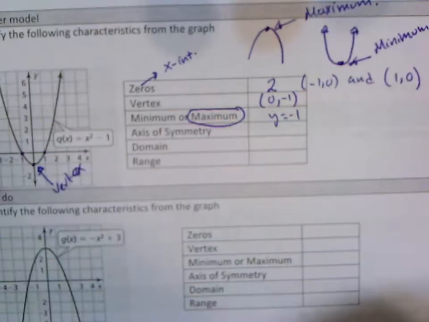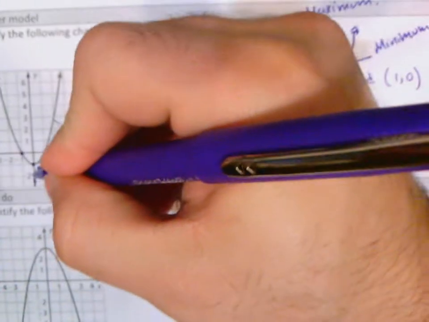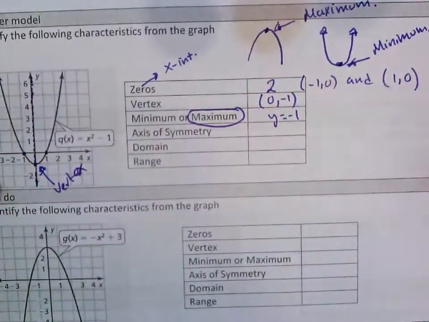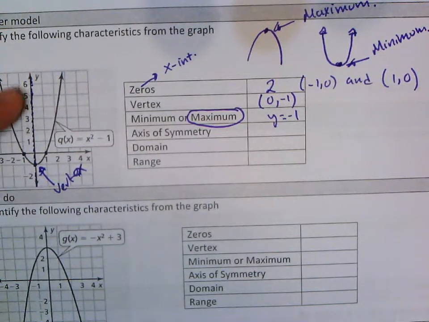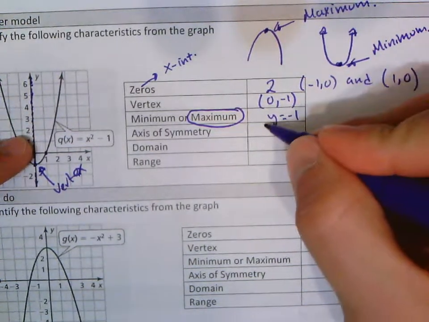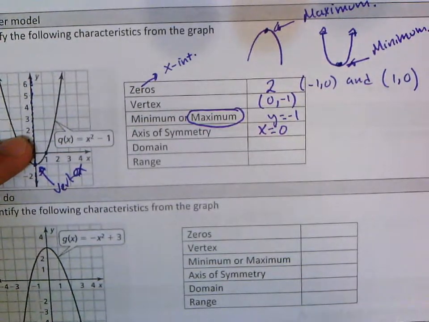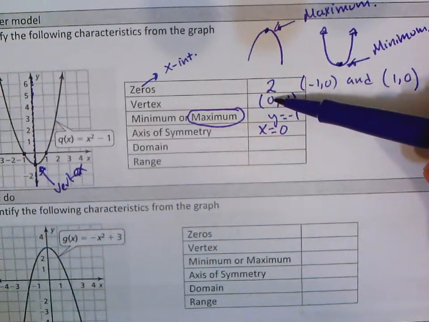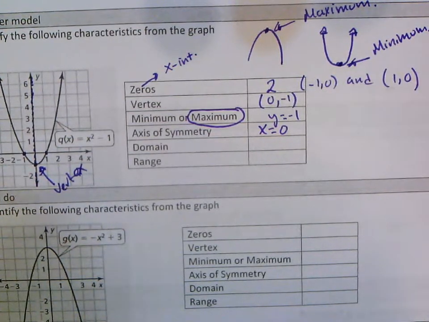If I look at this graph, my axis of symmetry is nothing more than the y-axis, and the equation that represents the y-axis is x equals 0. The last two things that we have to cover are the domain and range.